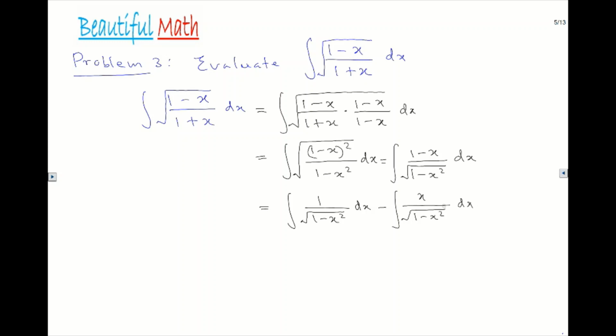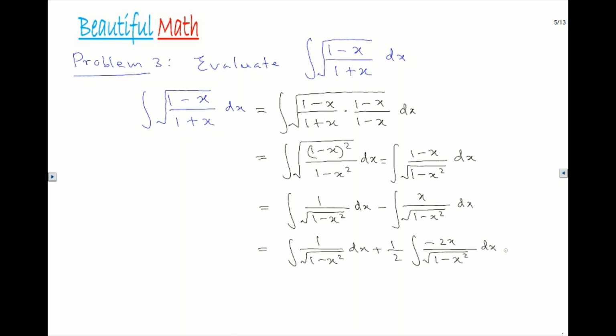You can see that the first one is very easy to integrate. For the second one, you know that the inside function 1 minus x squared has derivative negative 2x. So we're going to create negative 2x there. I'm going to take the negative sign inside, so this is 1 half times negative 2x over the square root of 1 minus x squared.